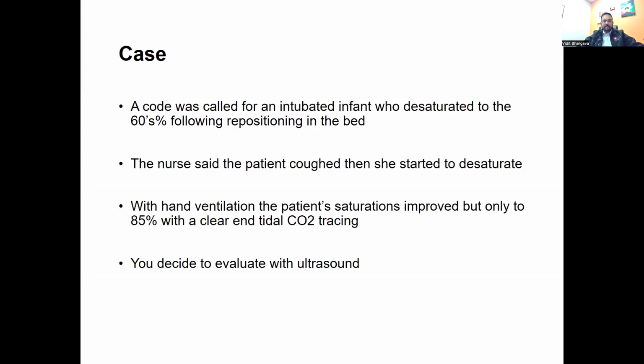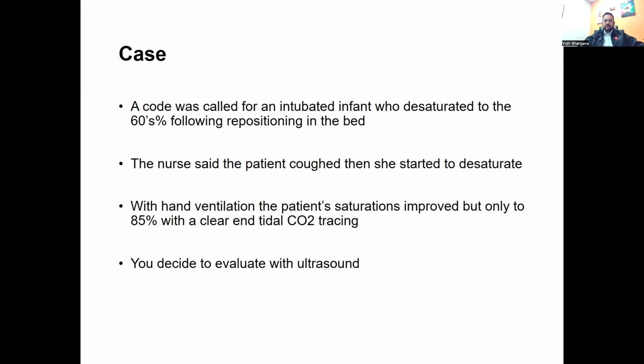The next case is a code that was called for an intubated infant who desaturated to the 60s following repositioning in the bed. The nurse mentions that the patient coughed and then started to desaturate. With manual ventilation, the patient's saturations improved, but only to the mid-80s with a clear end-tidal CO2 tracing.